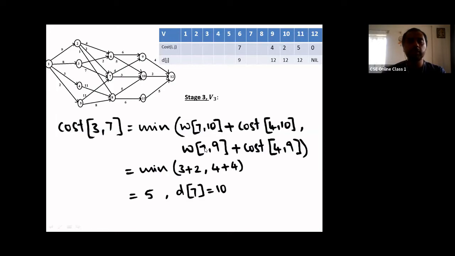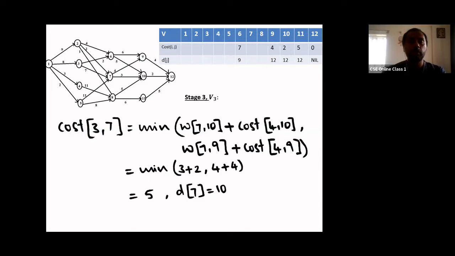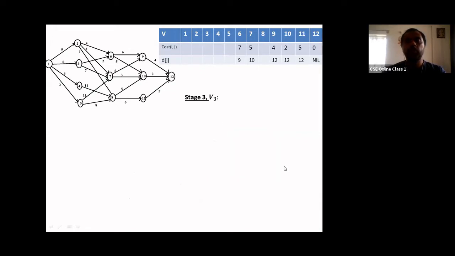Vertex 7 to vertex 10, then vertex 10 to vertex 12. So this path has a total value of 5. Therefore the direction for 7, after 7, it has to reach vertex 10. So D of 7 becomes 10.